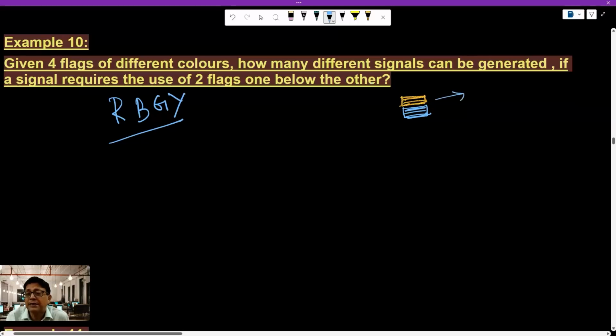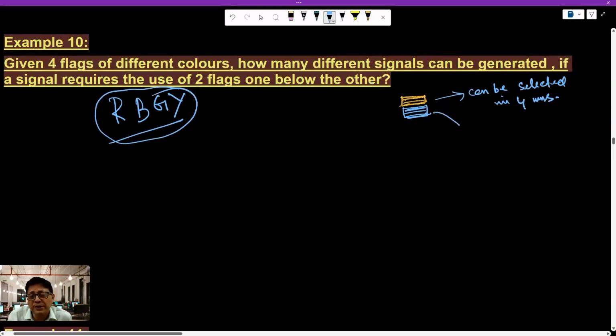This one can be selected in 4 ways. You agree? Without a restriction, 1 of 4 can be taken for that place in 4 ways. This one, three ways. So together can be done in how many ways?